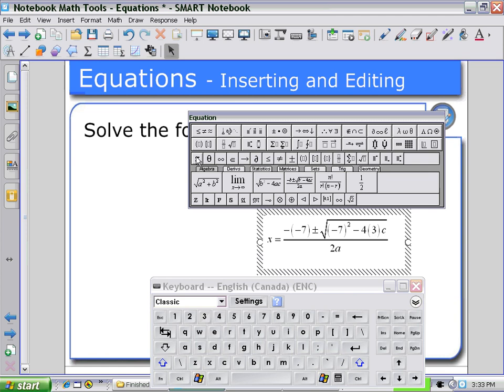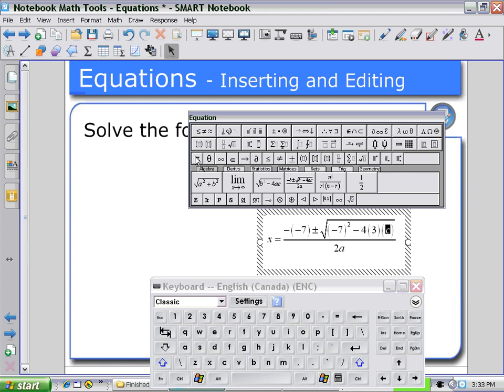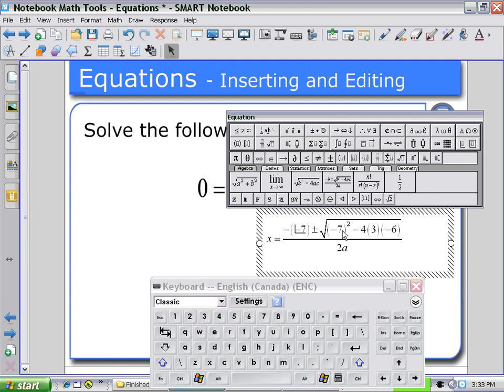and for c. Again, using brackets to substitute in -6, and finally for our last value, a, requires a bit of practice, and substitute in 3 for a.